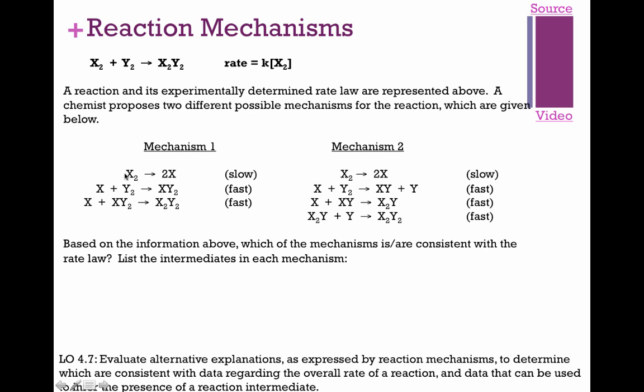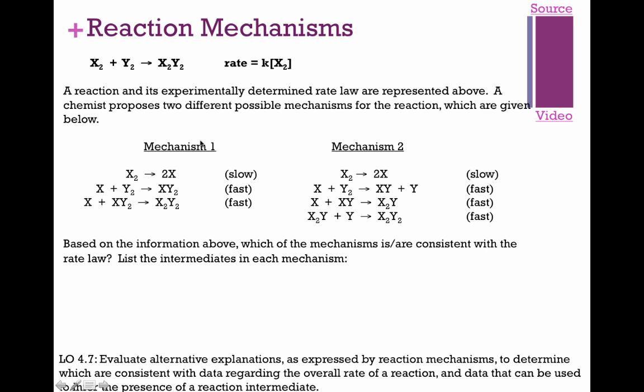So K times the concentration of X2. Your rate law is always based on your slow step and then the stoichiometry, and since there's no coefficient, it's assumed to be 1. So for mechanism 1, the rate law would be rate equals K times the concentration of X2.